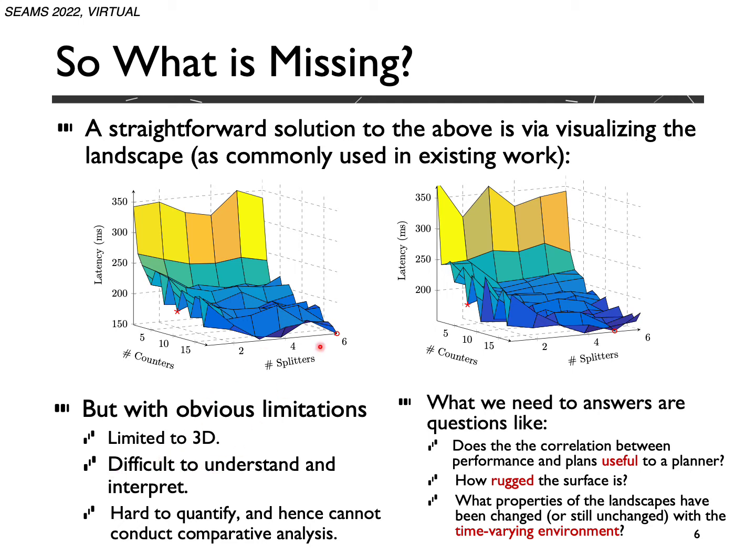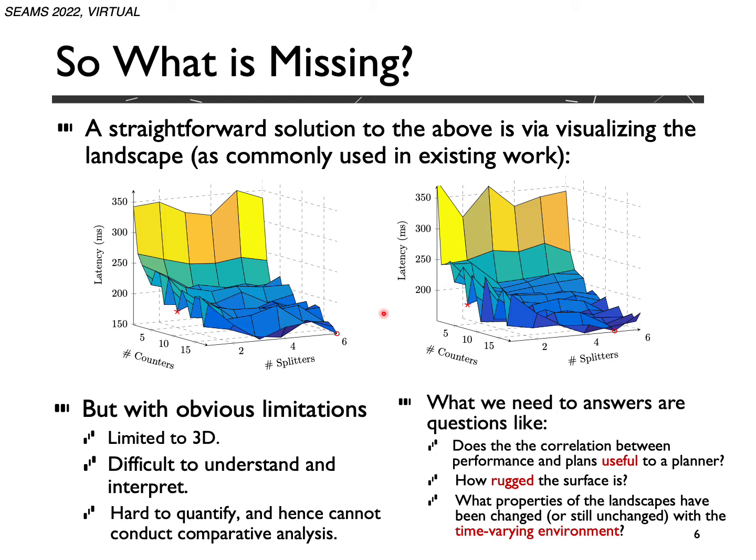Again, it's difficult to understand what exactly the differences and similarities are. That is because they are hard to quantify, and therefore we cannot conduct comparative analysis of the landscape between different environments.